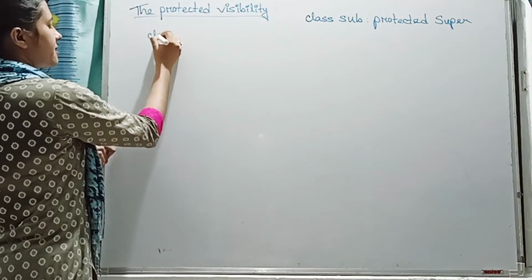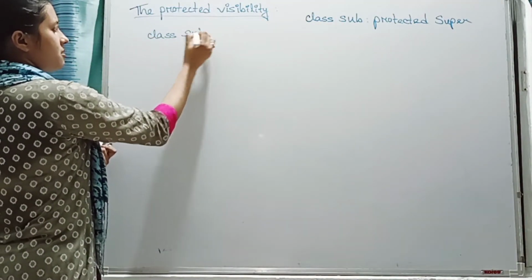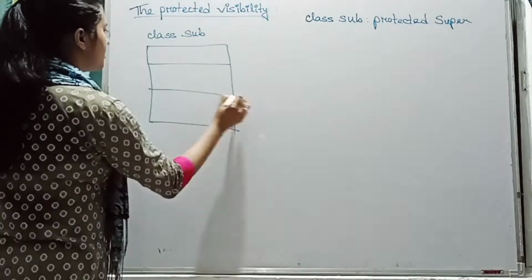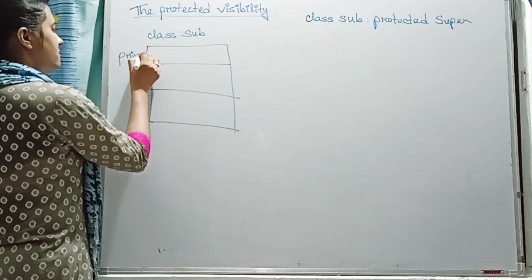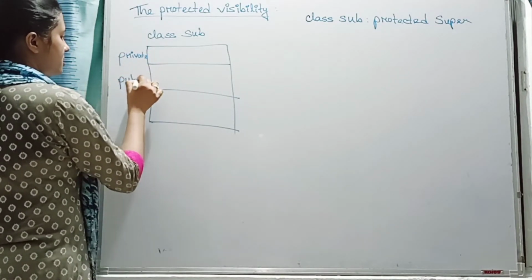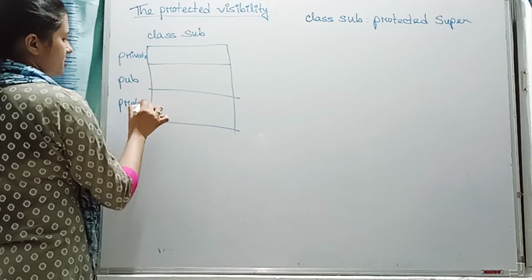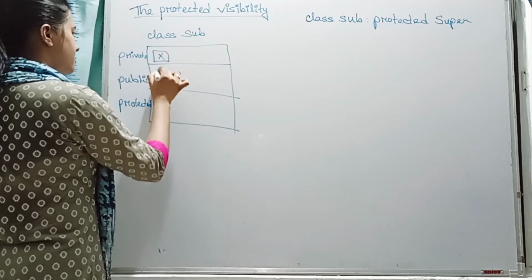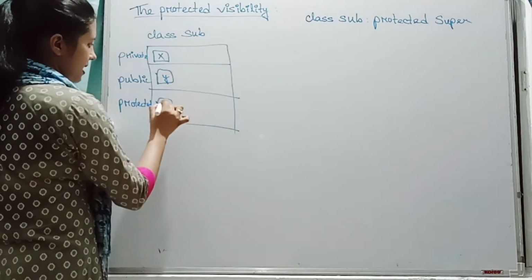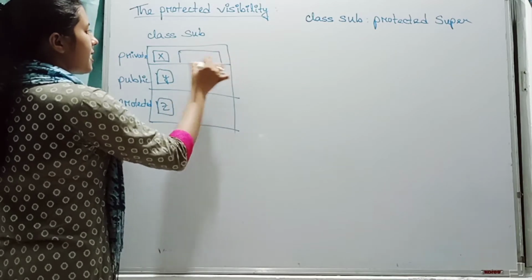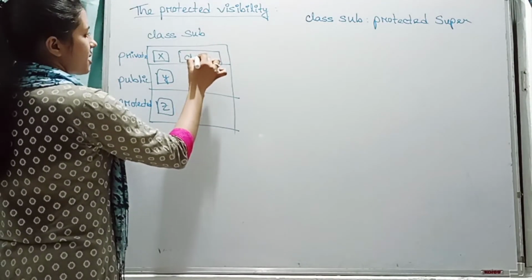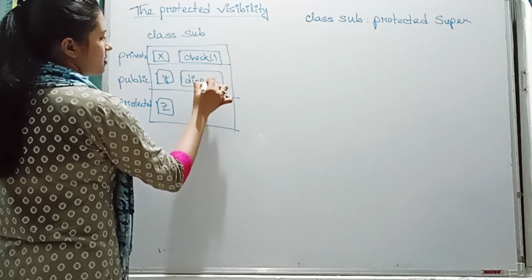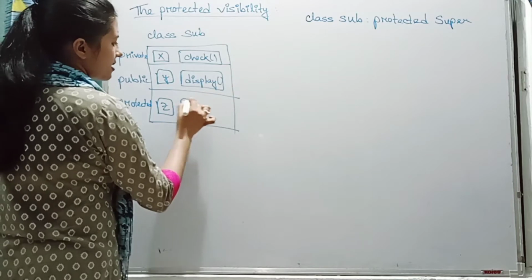Again we see the diagrammatic representation, class sub. Three parts are there for class sub: one is private section, one is public section, one is protected section. Here x, y, z are defined. These are the data members, and the member functions are check, display, and getWell.